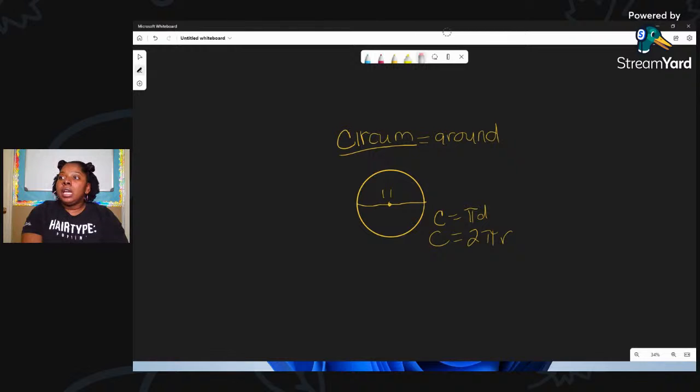All right, so tell me what you get. For our circumference, again, you have the diameter. If you want, you can find the radius, but I would use this formula, since we have the diameter and it's a whole number.